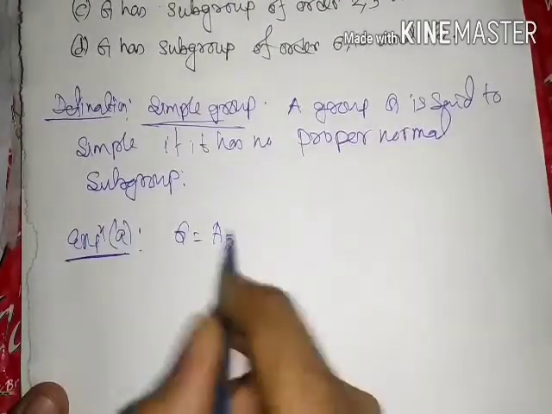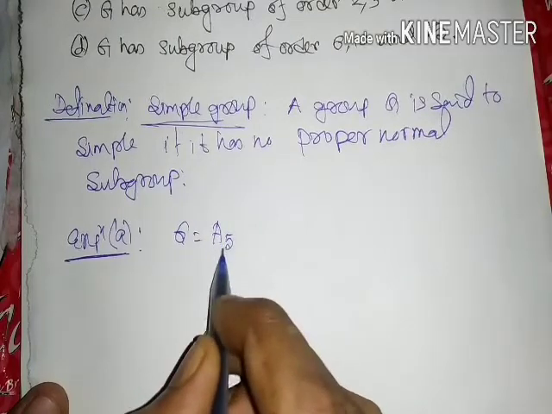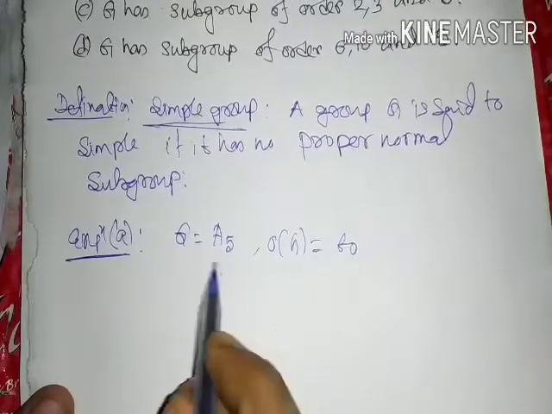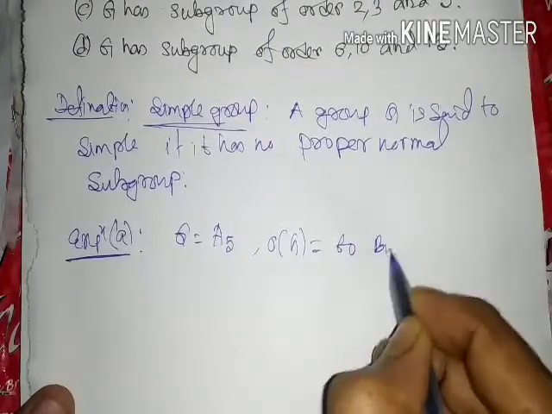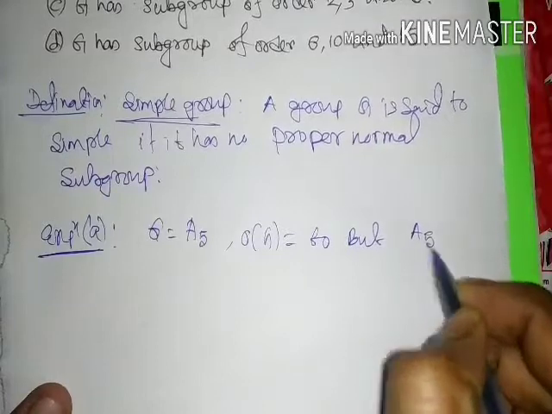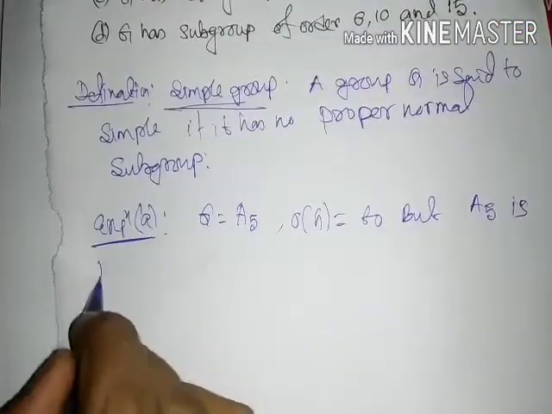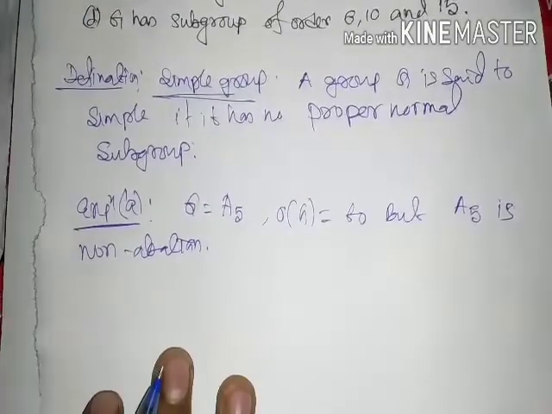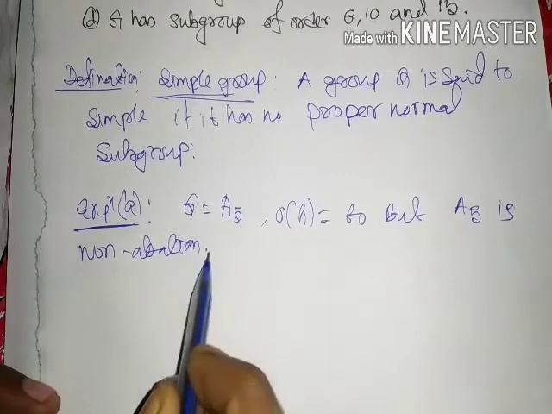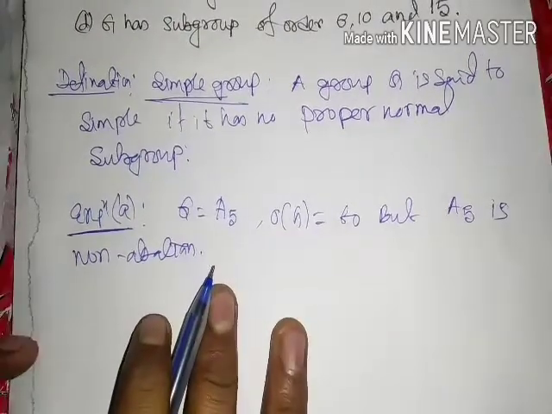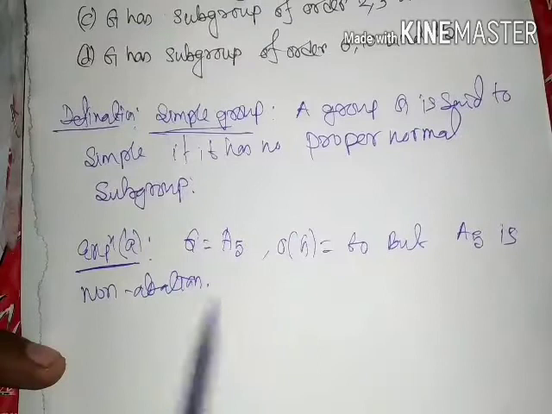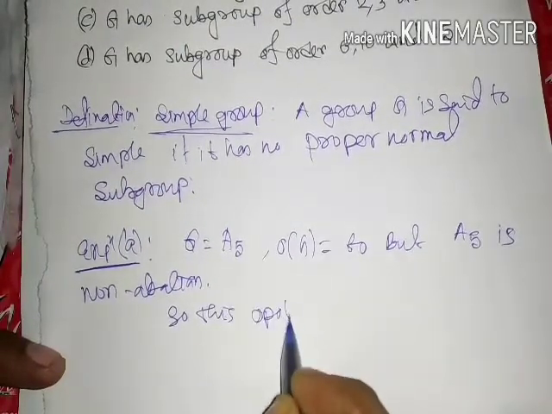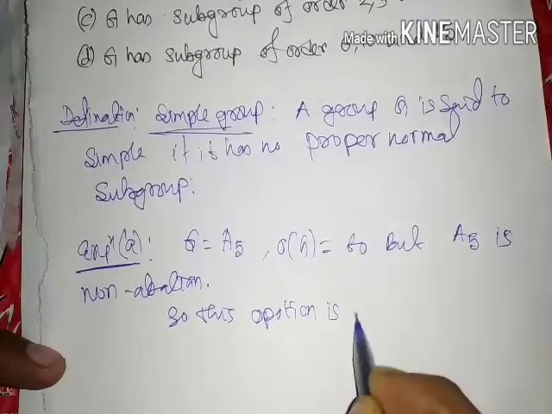A5 means alternating group with 5 symbols, whose order is 60, but A5 is non-abelian. So this option is incorrect.